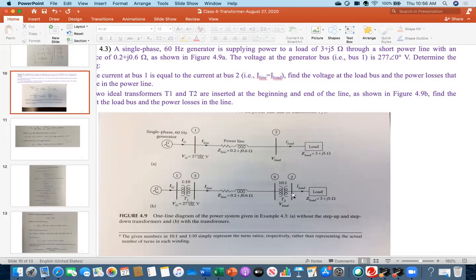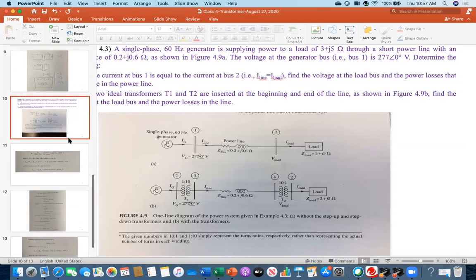But it looks like we calculated the current change for the step up transformer. But no. You remember, here the turn ratio is 1 over 10, but here it is 10 over 1. So now first look at this. First remember what the current and turn ratio relationship is.